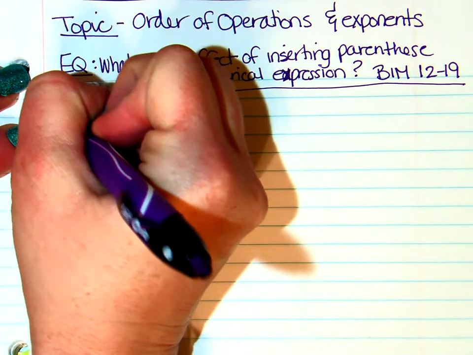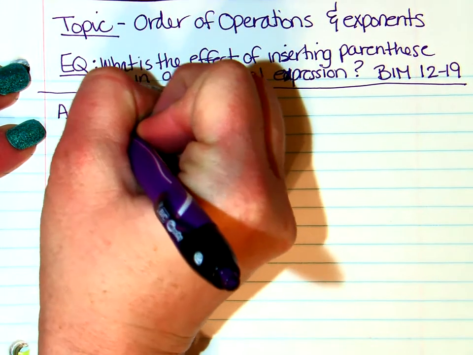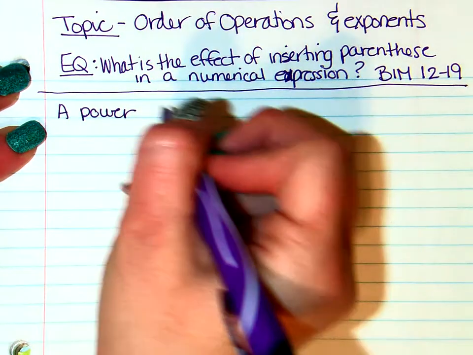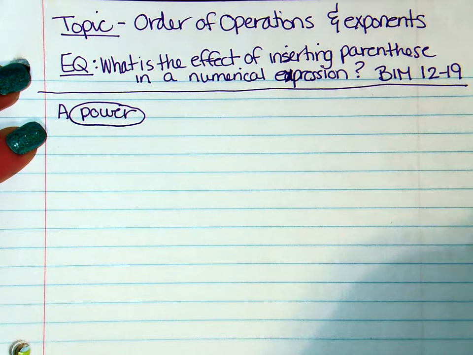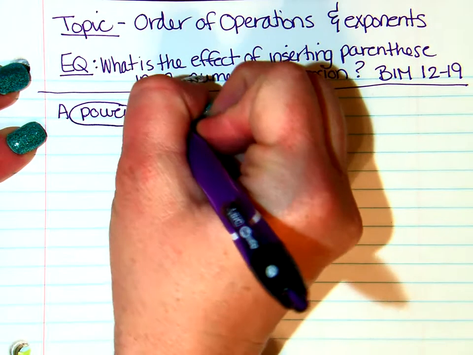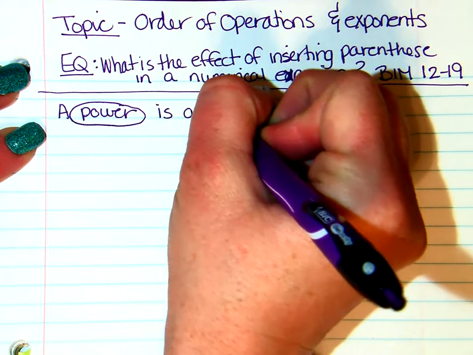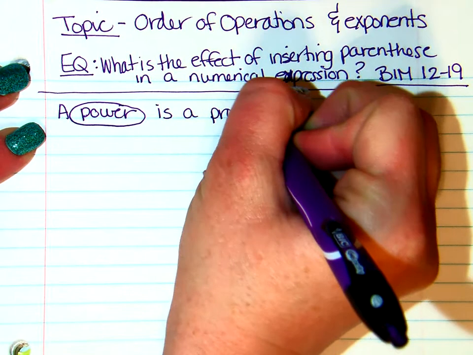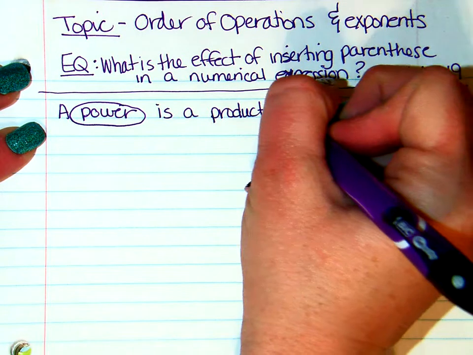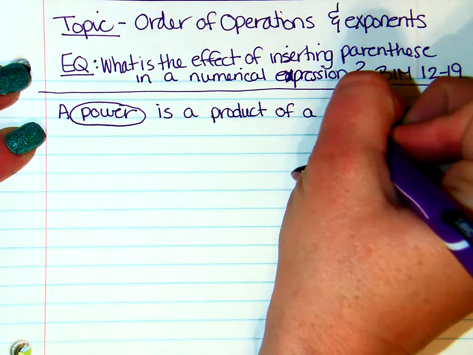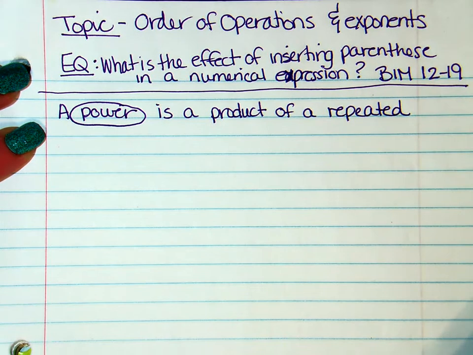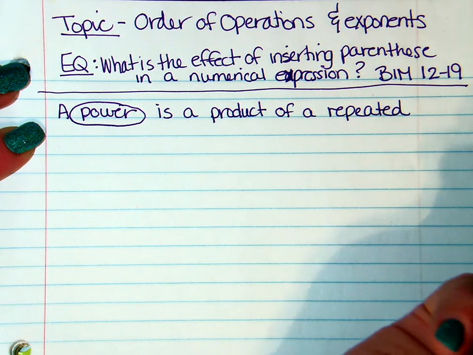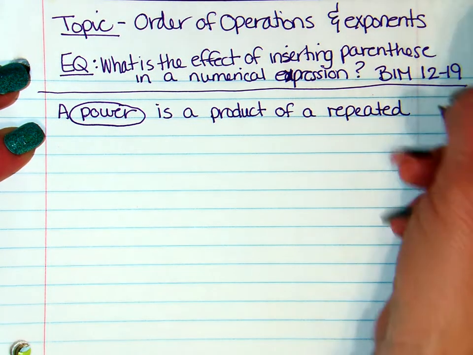So the first thing we need to talk about is a power. And that is a big idea, so I'm going to circle it. A power is a product, or multiplying, of a repeated factor.